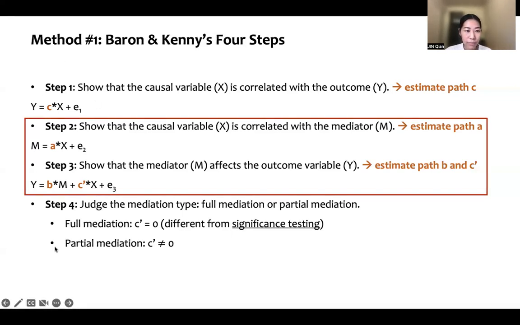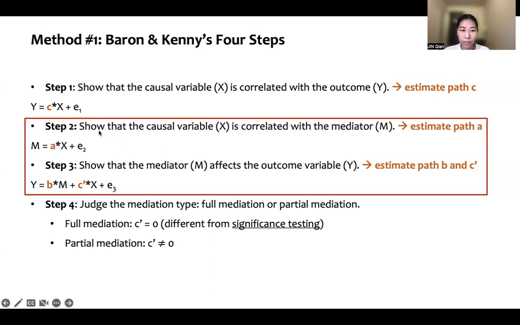For the 4 steps, if you want to conclude whether there is a mediating effect in this model or not, the essential steps are step 2 and step 3. The first step, the total effect of X on Y, is not very necessary. Even if it's not significant, it doesn't matter.